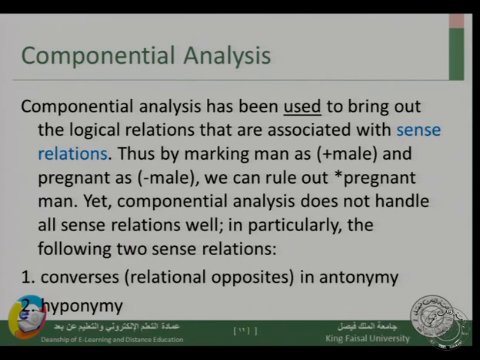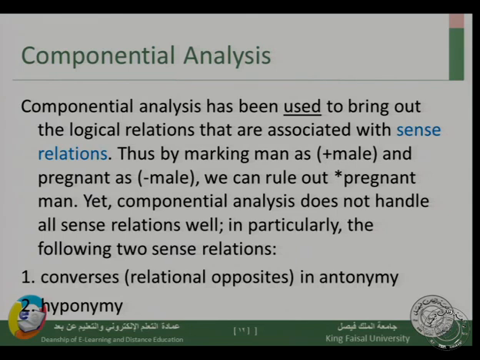Moving on to something else, componential analysis has been used to bring out the logical relationships that are associated with sense relations. As we said, we can use it to analyze sense relations in language. For example, we can say man, we can mark it as plus male. Pregnant, we can mark it as minus male. So we can rule out things like pregnant man, because pregnant is minus male, man is plus male, so they can't come together.